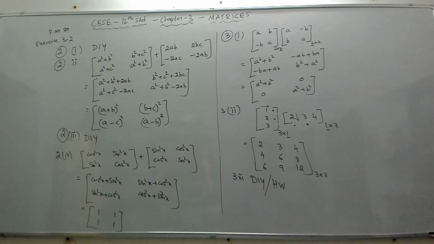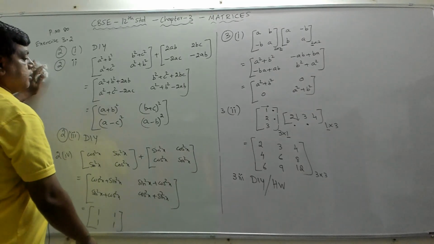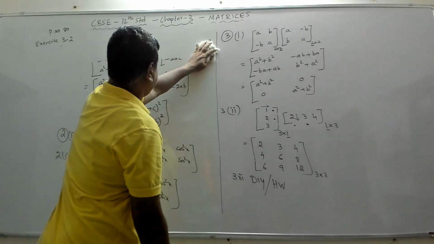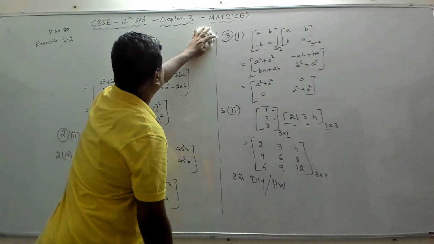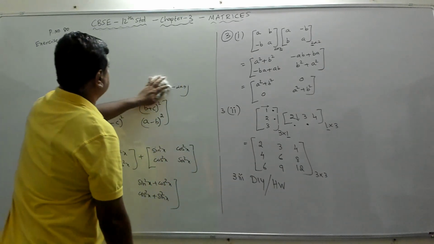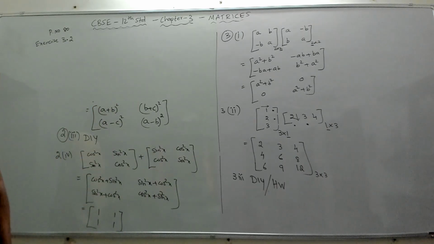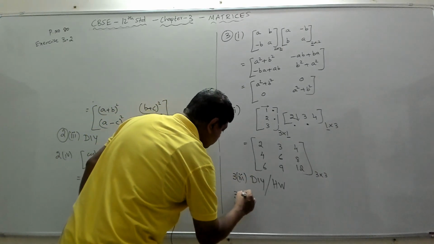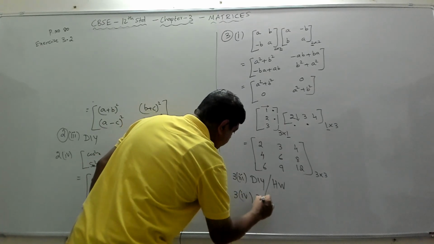You can do it. You have to find the product of that. Similarly, we can do the next one. Let me erase this. Fine. The third part you can do yourself. Even the fourth part you can do yourself.